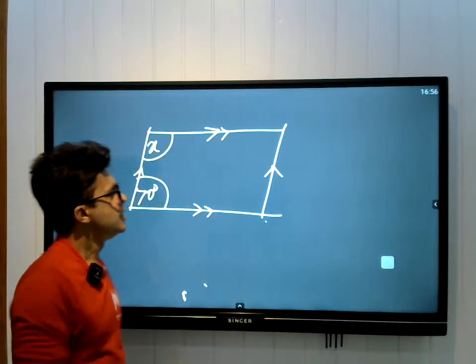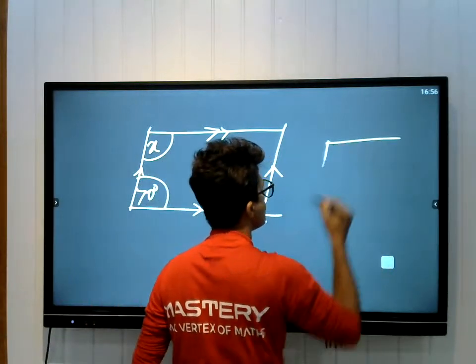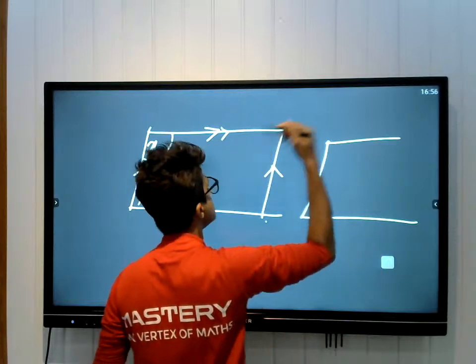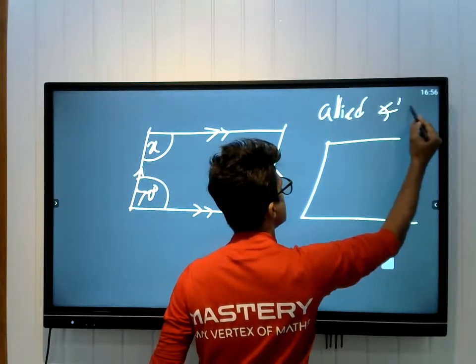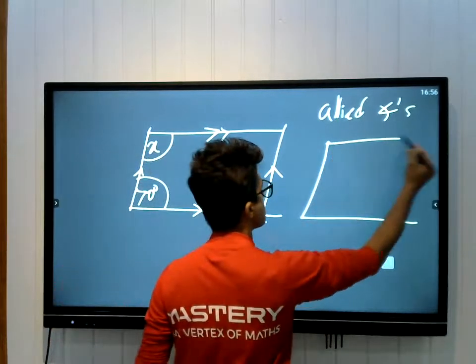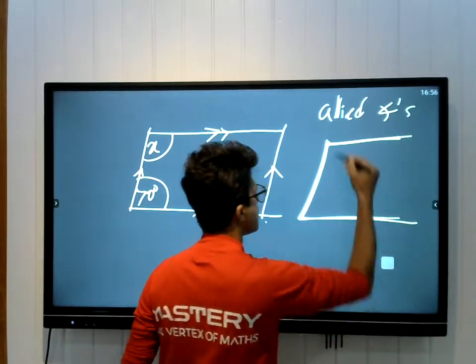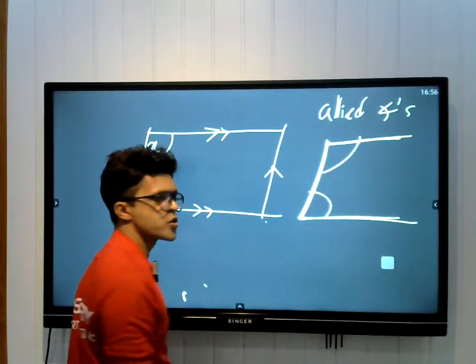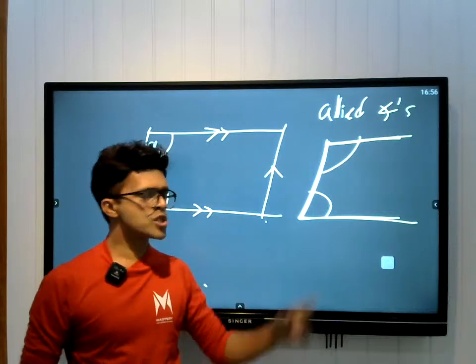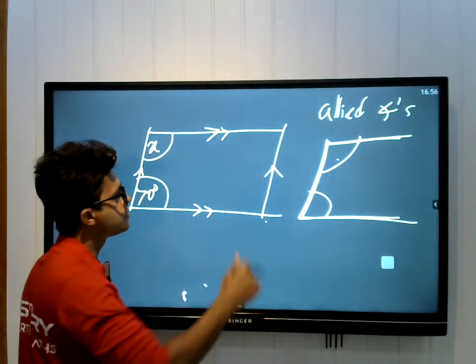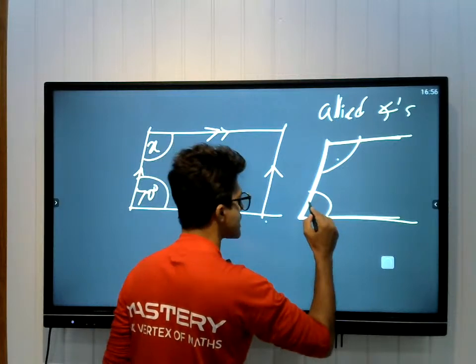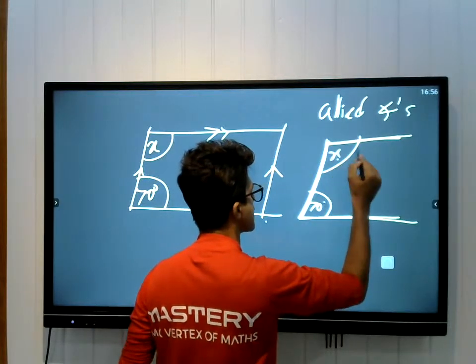You know, these lines are parallel. Therefore, can you remember allied angles? C shape. So the sum of these two angles should be equal to 180 degrees. Here it has already been given that this is 70, this is x.